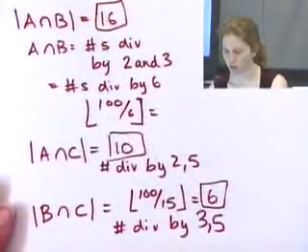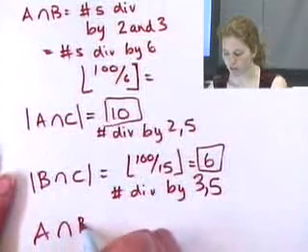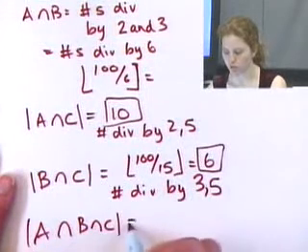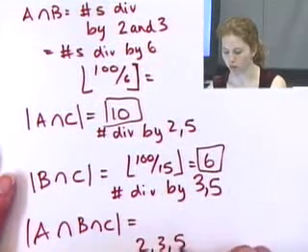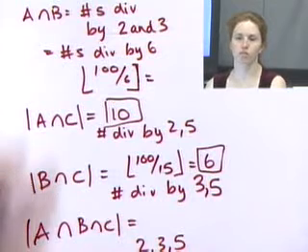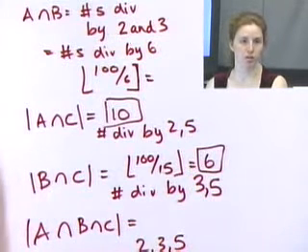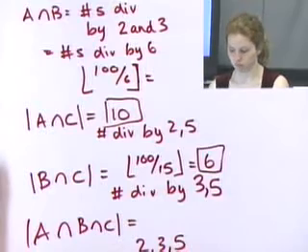And then the last thing we have to figure out is A intersect B intersect C. So that's the numbers divisible by all three of 2, 3, and 5. So that's numbers divisible by 30. And there's only 3 of them.